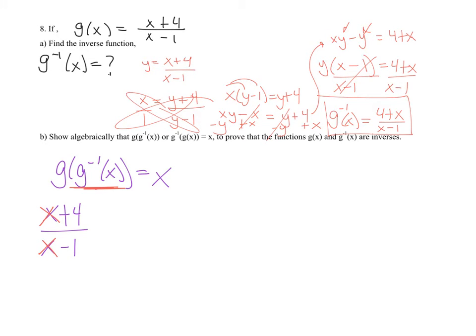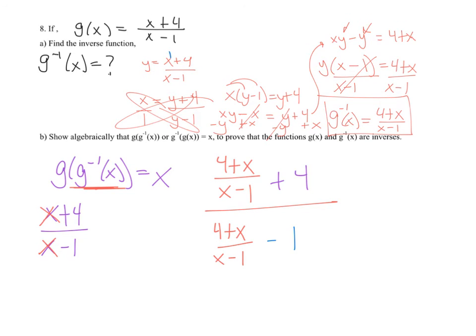So now what I'm going to have is 4 plus x over x minus 1 plus 4 is going to stay there because it's part of the original. And then I'm going to replace the x in the denominator with 4 plus x over x minus 1. And then minus 1 from here.